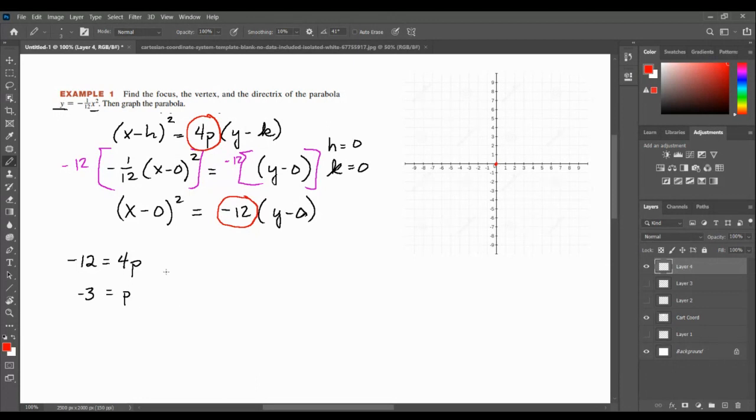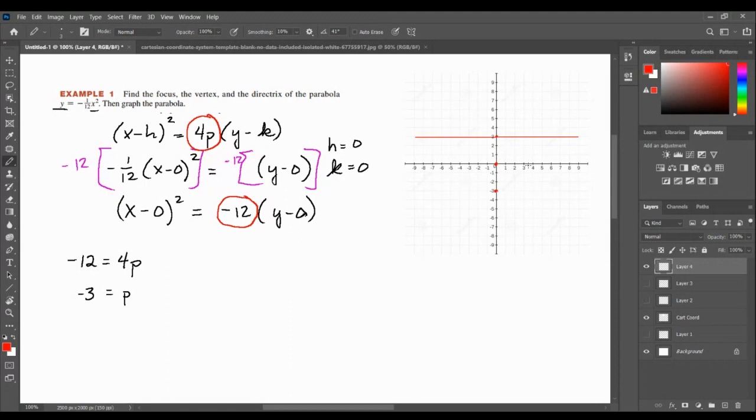If p is negative 3, and recall that the negative out in front gives us a reflection about the x-axis, so really I could say, well, negative means it's opening down, but regardless, I need to move 3 to get to the vertex, which would be right there. 3 the other direction gives me the directrix, so my directrix is right here.